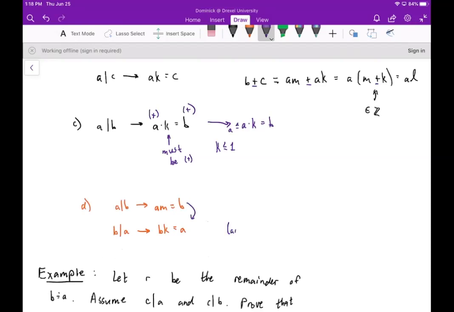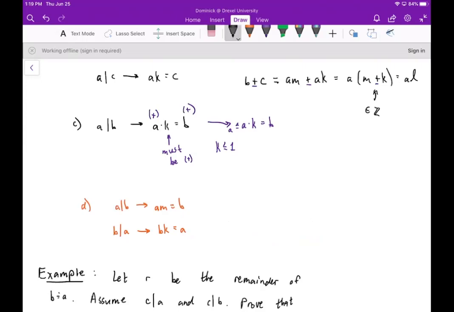So let's say that we have B, which is now AM, times K is equal to A. So then we get that AMK is equal to A. Wait a sec, let me backtrack this a little bit.